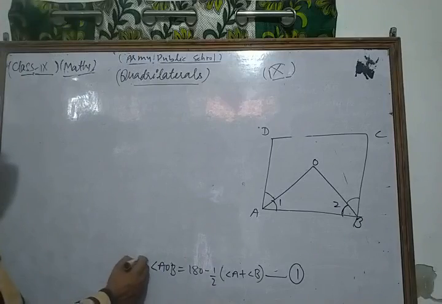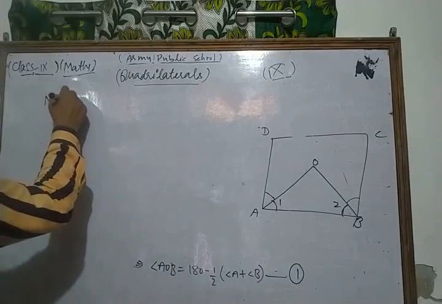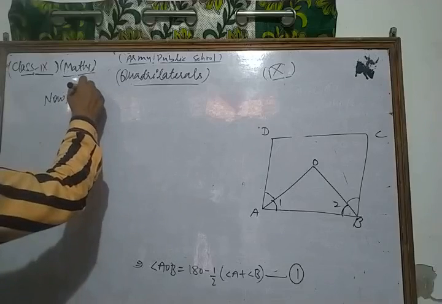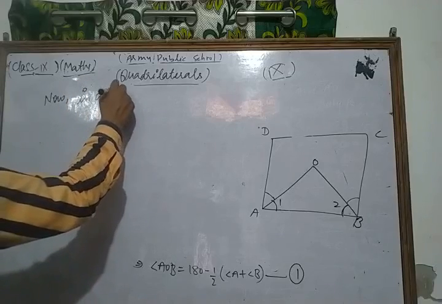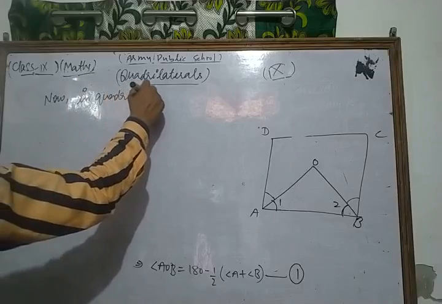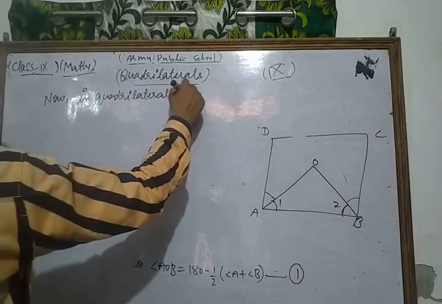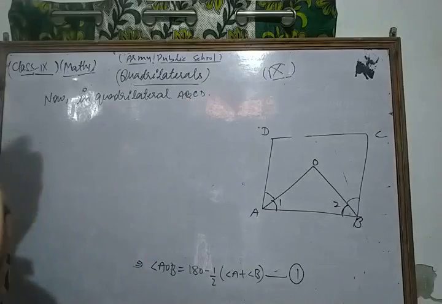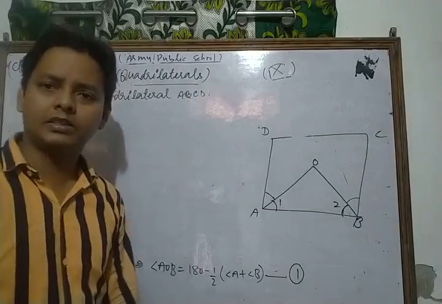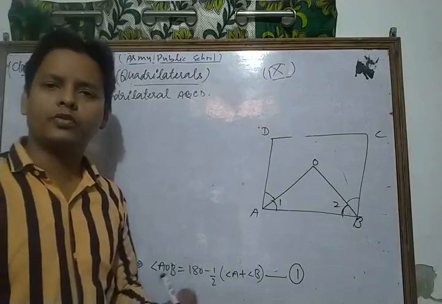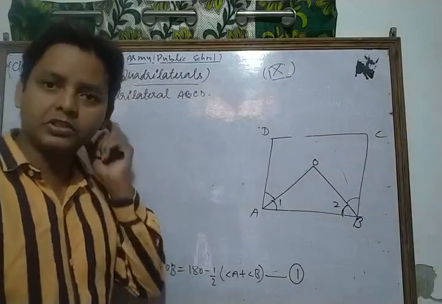Now in quadrilateral ABCD we use the angle sum property of the quadrilateral. You know that the sum of all interior angles of a quadrilateral is 360.